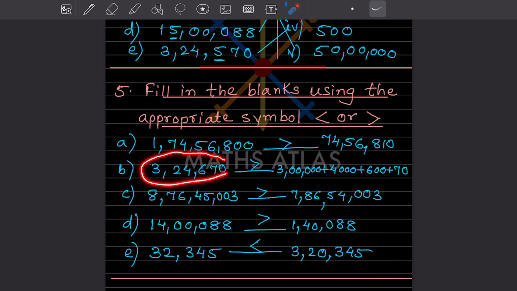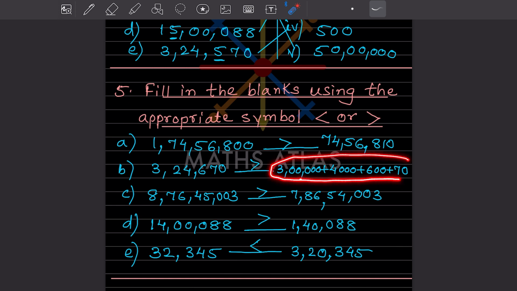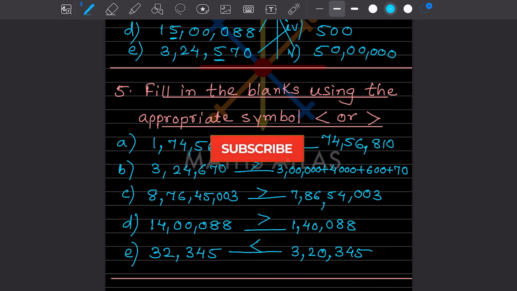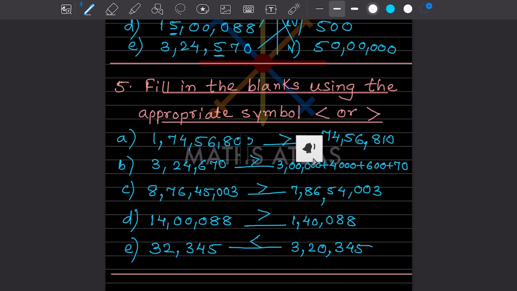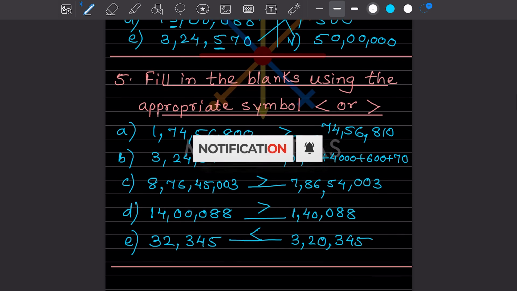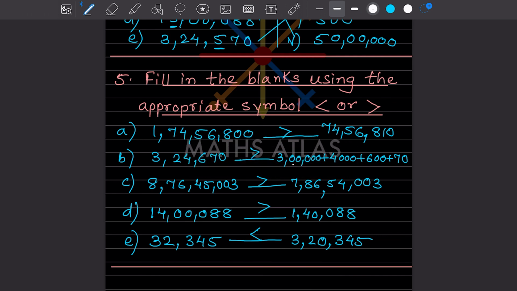Now what are you going to do? You have to compare this. Now see here, this is the expanded form of this number, right? So you add it vertically and see the answer. Now look at here.